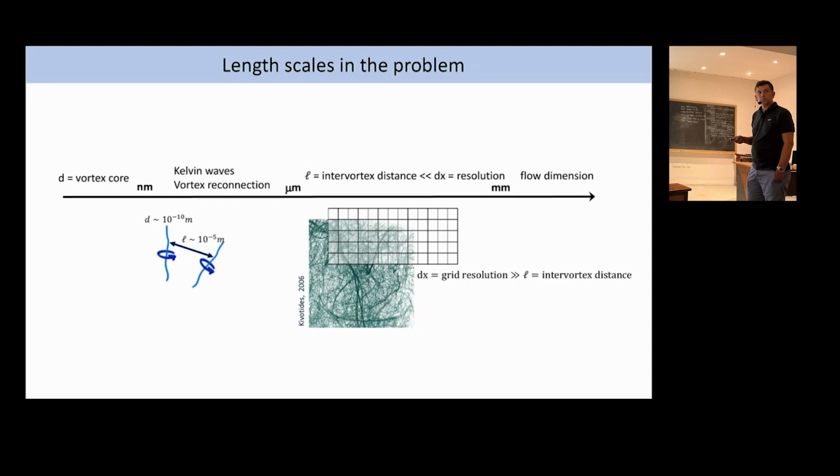The typical distance between the quantized vortices is micrometers or tens, hundreds of micrometers. In the following, we will adopt a coarse-grained representation of the dynamics. So we will consider a resolution which is large compared to the intervortex distance, and we do that to describe flow at sizes from millimeters and beyond.